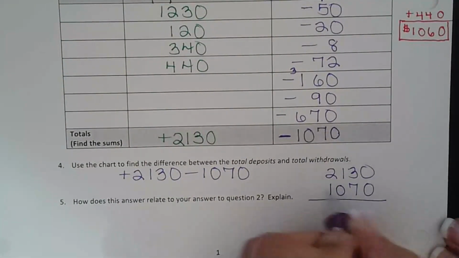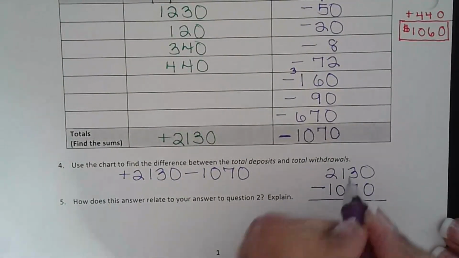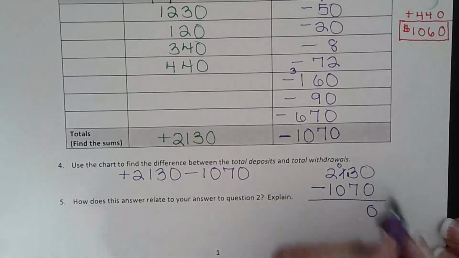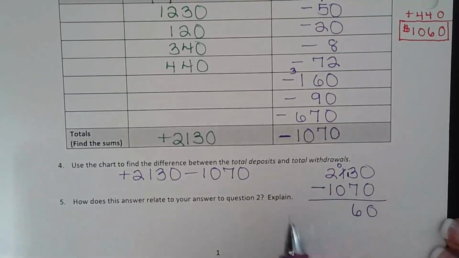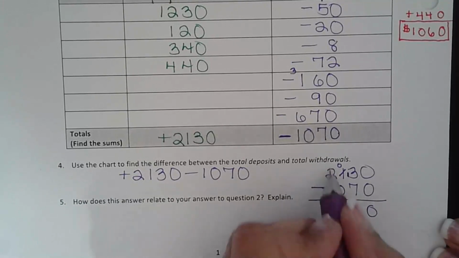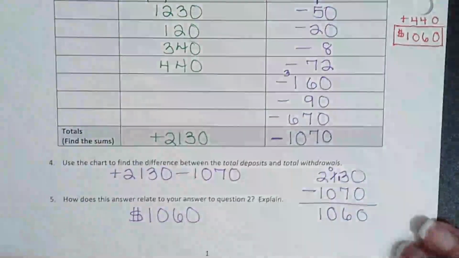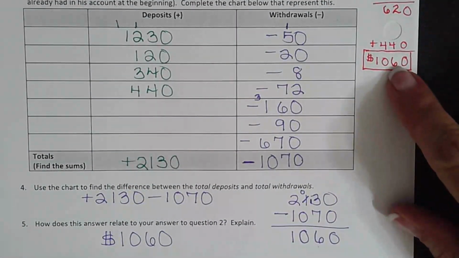So 0 minus 0 is 0. Need to borrow here, make that 13, borrow from the 1 and make it 0. 13 minus 7 is 6. 0 minus 0 is 0. 2 minus 1 is 1. And our answer is 1060. Ding, ding, ding, ding, ding.